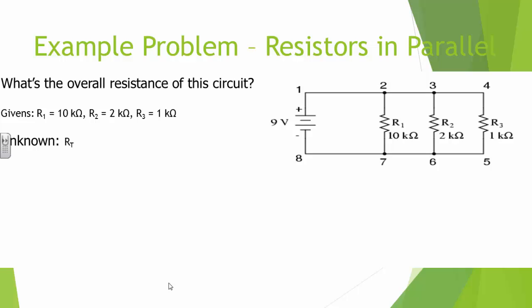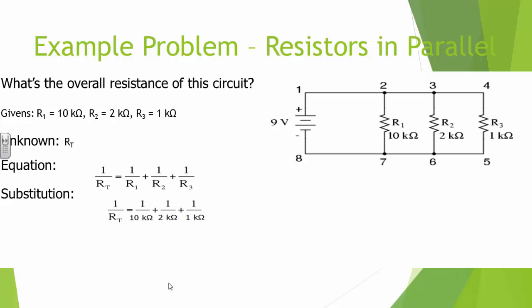Our unknown is the total or overall resistance, and our equation is 1 over RT equals 1 over R1 plus 1 over R2 plus 1 over R3. When we substitute in, we get this, and hopefully when you walk the algebra through, you get the overall resistance equals 0.625 kilo ohms, or 625 ohms.